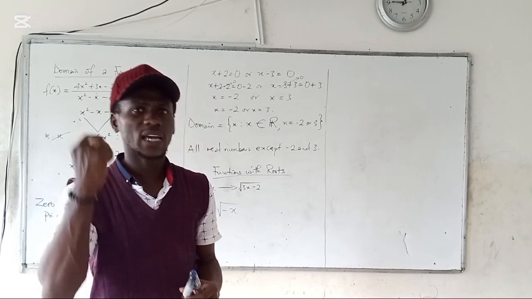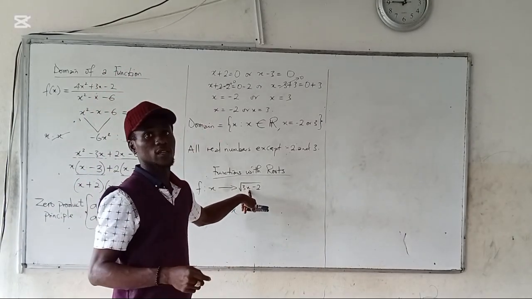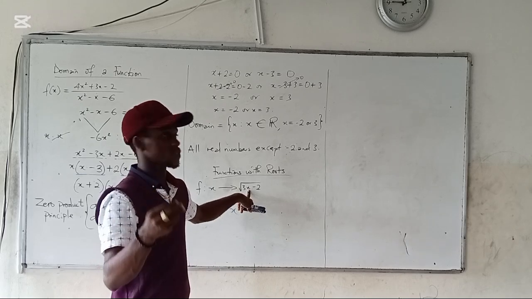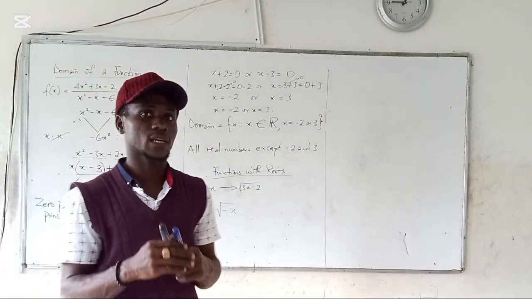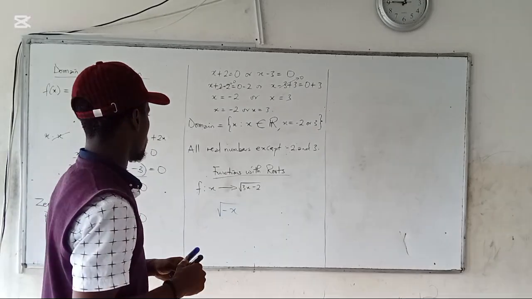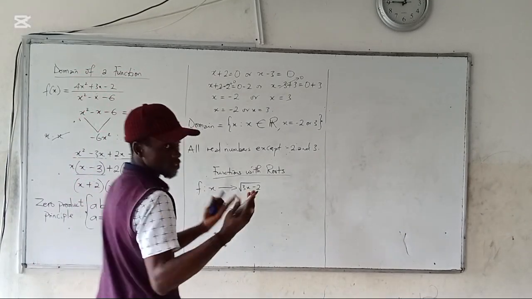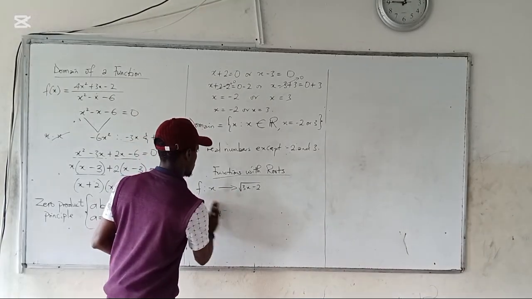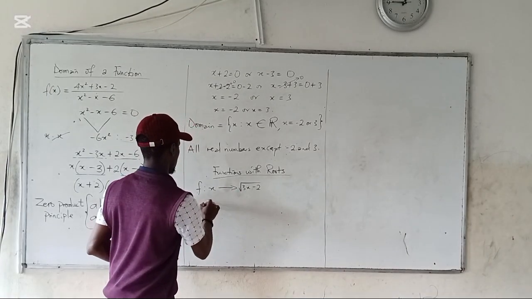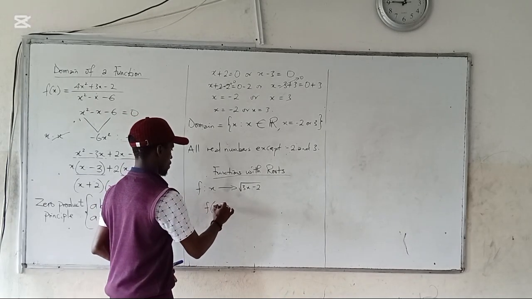For example, can you think of a value that if we substitute for x here as our input value, the expression here will be negative? Can you think of any number like that? Let's say a number like minus 1. If my x is minus 1, then my image will be f of minus 1.